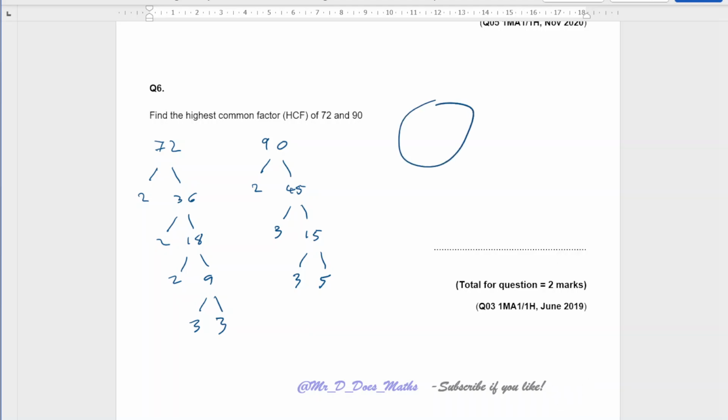So if we imagine placing these, that's 72 and that's 90. We've got 2 in the intersection, and we've also got a 3 in the intersection, and we've also got another 3 in the intersection. And the highest common factor is going to be just the intersection. So it's going to be 2 times 3 times 3, which is going to be 18.